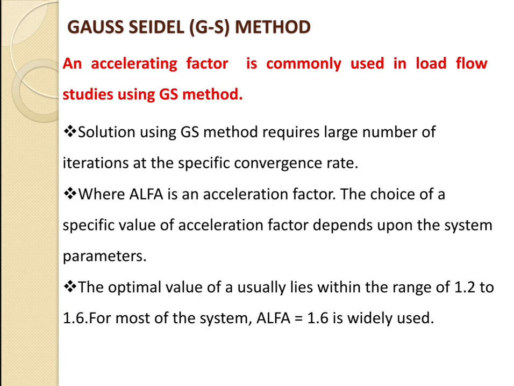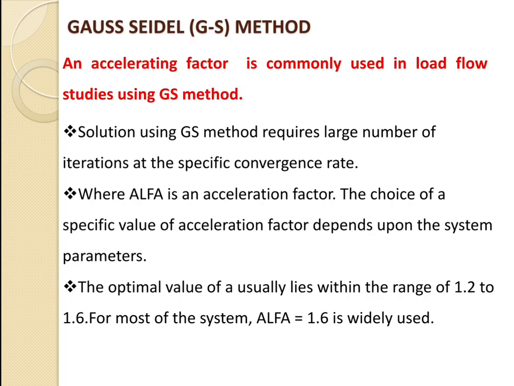Now an accelerating factor is commonly used in load flow studies using the GS method. The solution using the GS method may be accelerated by a factor alpha, which depends upon the system parameters, and the optimum value of alpha may vary between 1.2 and 1.6.